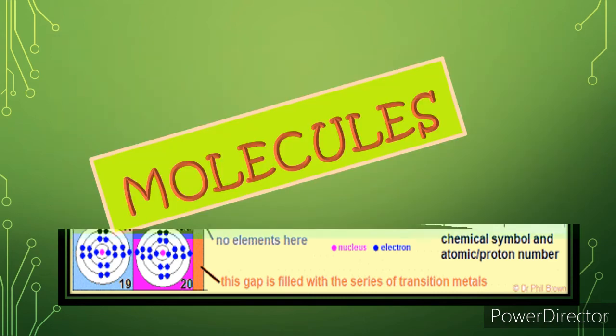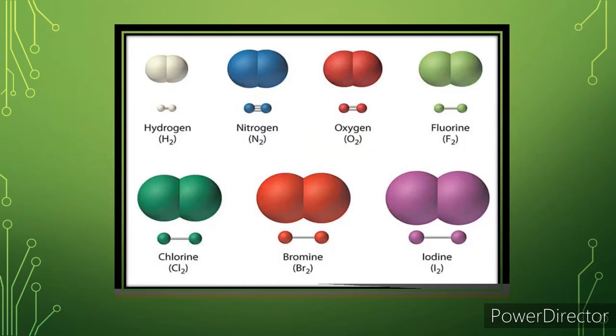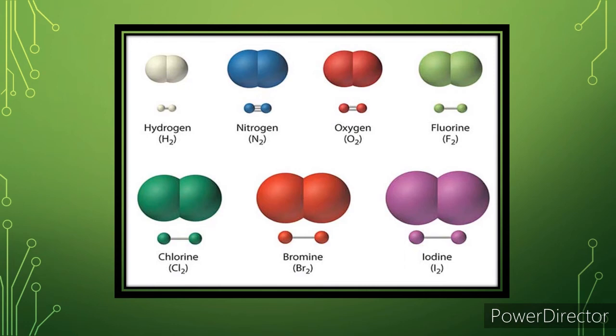Next, what are molecules? Molecules are made up of atoms. Here you can see 2 hydrogen atoms make up one hydrogen molecule, and 2 nitrogen atoms make up one nitrogen molecule. Likewise, 2 oxygen atoms make up an oxygen molecule, and 2 fluorine atoms constitute a fluorine molecule, and so on.